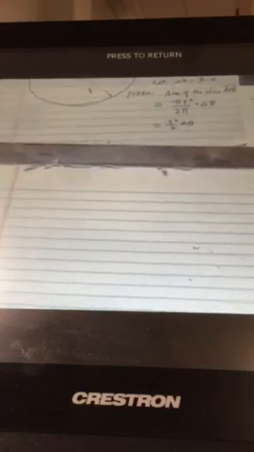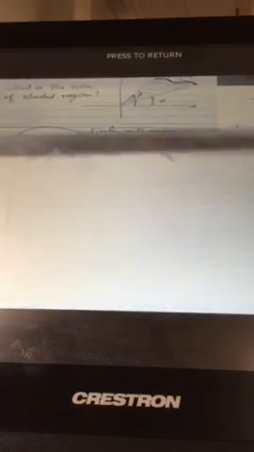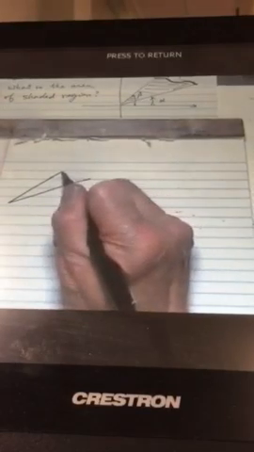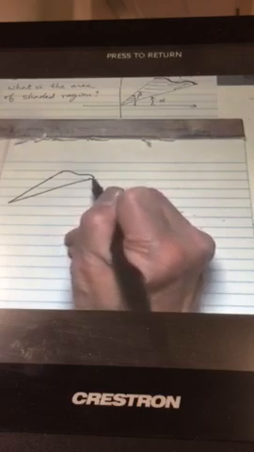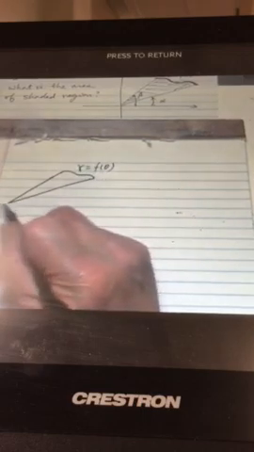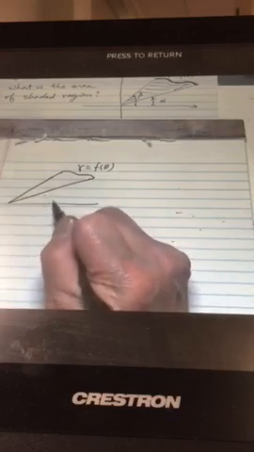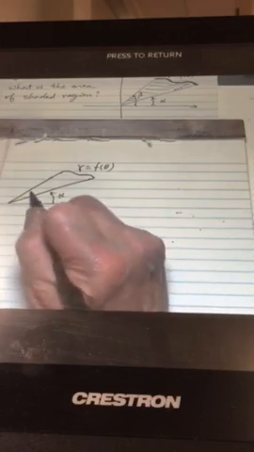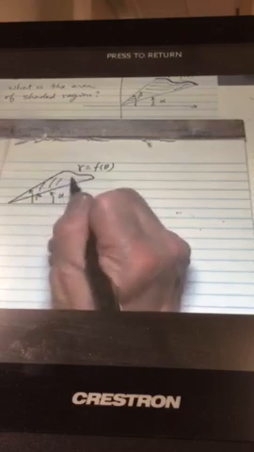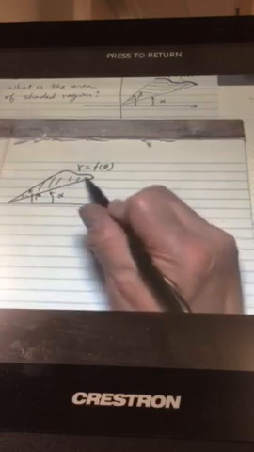So for this graph, I'm going to just draw this picture. This is r equal to f of theta, and this is alpha, this is beta. And I want to find this area.